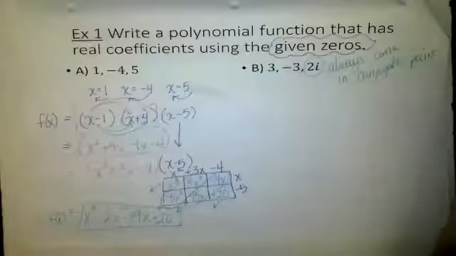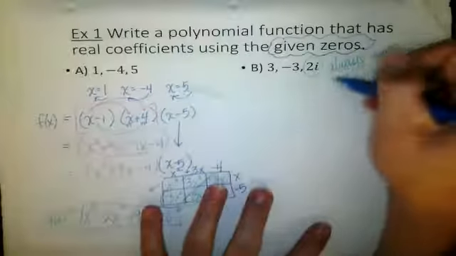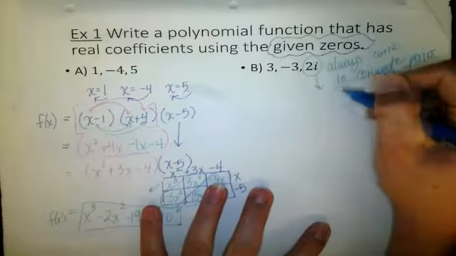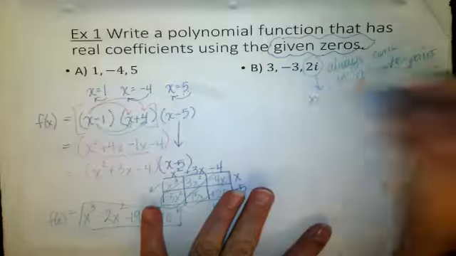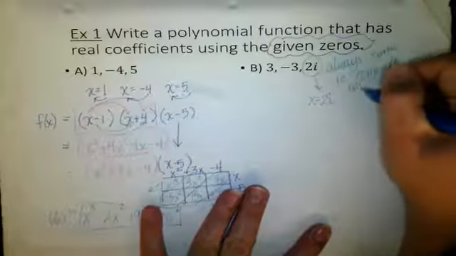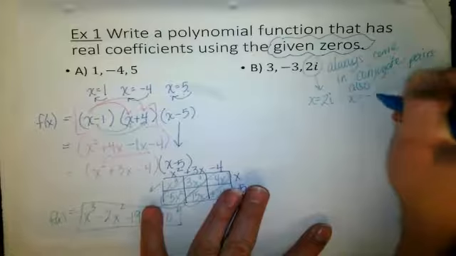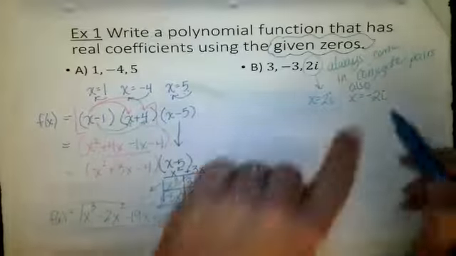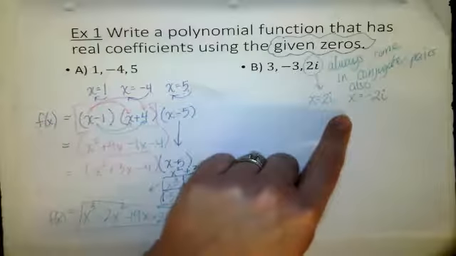Meaning this is trying to trick us. They're telling us 2i was one of the zeros. But if we have a positive 2i, what must we also have? x equals 2i was one solution, but there must also be another one. What's the other one? Minus 2i. There must also be the negative 2i solution because they have to come in pairs.